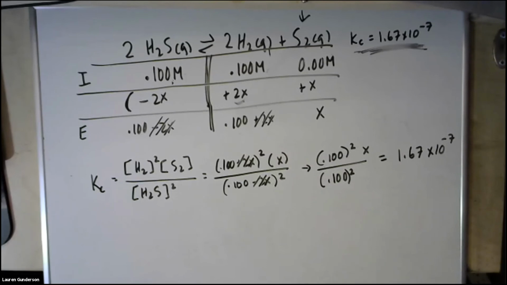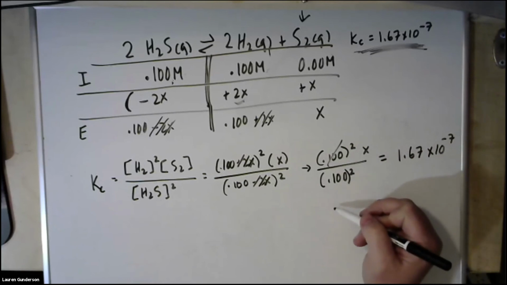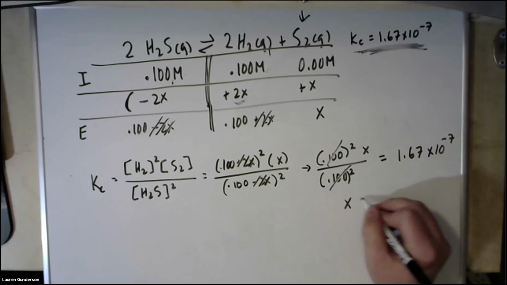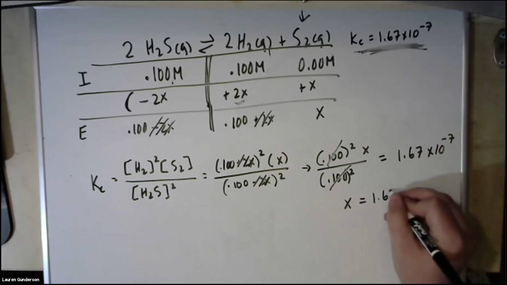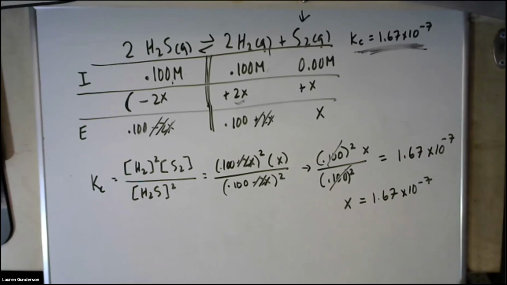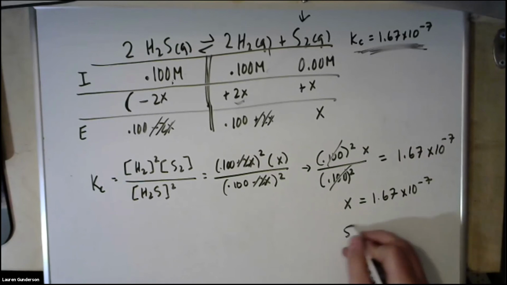Okay, so let's see what we get for this. These are going to drop out because they're the same number. And we're going to get an x value of 1.67 times 10 to the negative 7. Let's compare that to our initial concentration now.